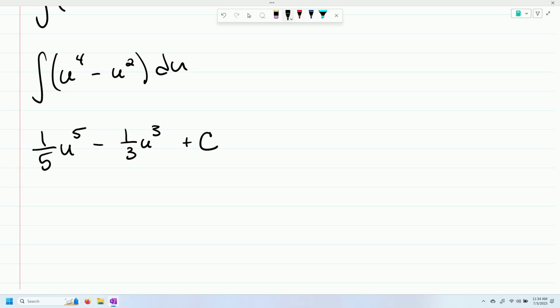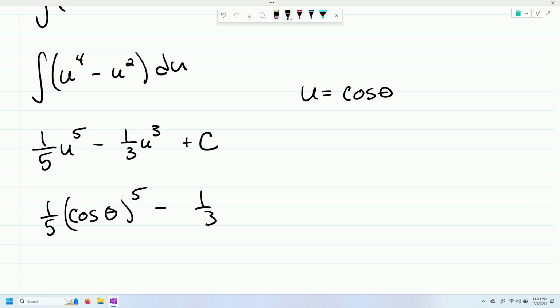And then you got to remember you used u substitution. So u, remember, it equaled cosine theta. So this is going to be 1/5 cosine theta all raised to the 5th minus 1/3 cosine theta all raised to the 3rd plus c.